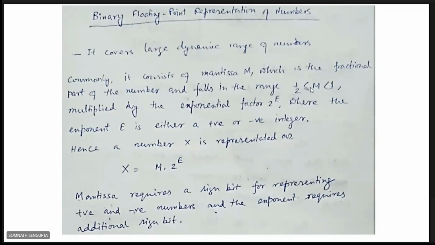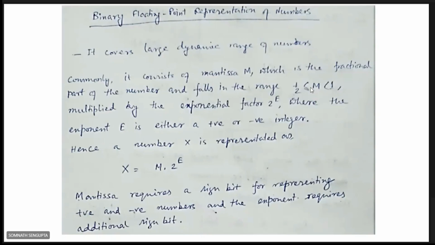You can add another one, 0.111, which is 1 by 2 plus 1 by 4 plus 1 by 8. Whatever it is, it should not be equal to 1. If it were 1, it would not start with 0 point something, it would be 1 point something. But the mantissa always starts with 0.1 and values more than that.